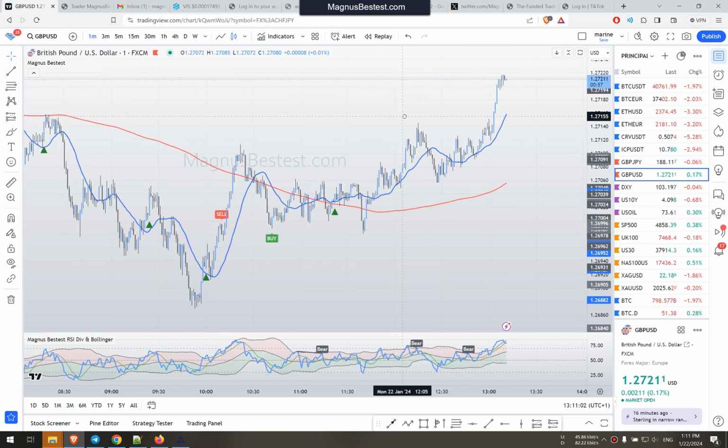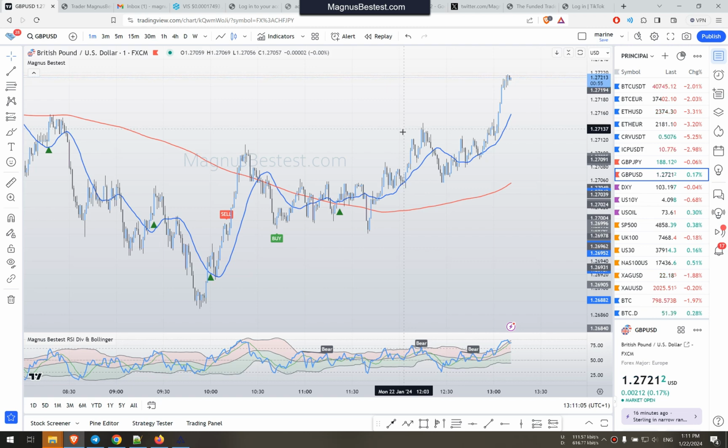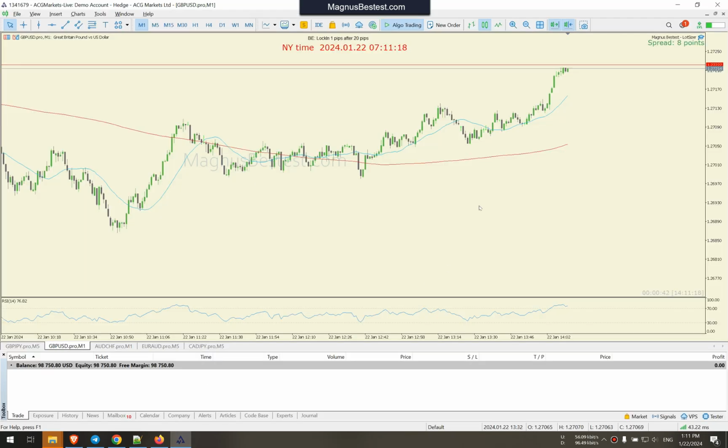So let me tell you something more about the changes and improvements in my indicator, as well as the expert advisor for MetaTrader 4 and 5. This is the expert advisor that you will get automatically with my TradingView indicator.